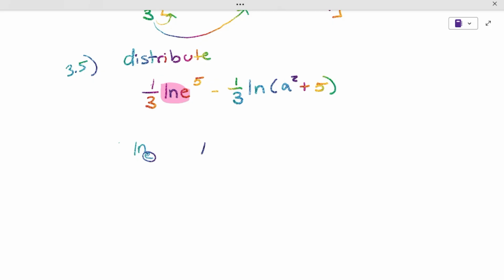Same if you had log of 10, the base is always 10, but sometimes they just don't write that. So here the base is actually e. And when we have something like ln of e to a power, we can just cancel this out. Same thing if you had log base 10 of 10 to a power, it cancels out. And what happens is you just bring down that 5 and replace it where ln e to the 5th is.